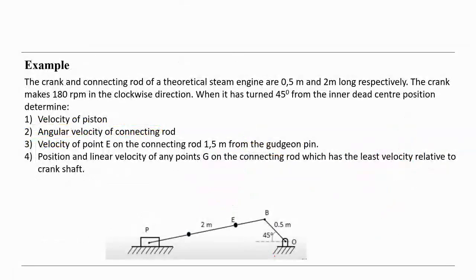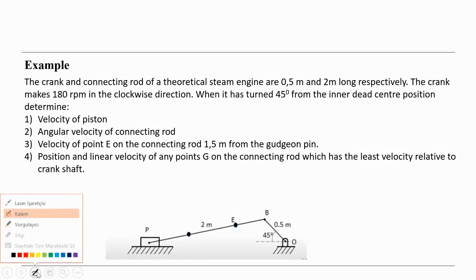Okay, so let's have an example here. Actually, we discussed this example, but we use it for this method, for the calculation of the relative velocity and the velocities using the instance center. You may remember this is our previous example: the crank and the connecting rod of a theoretical steam engine are 25 meter and 2 meter long respectively.